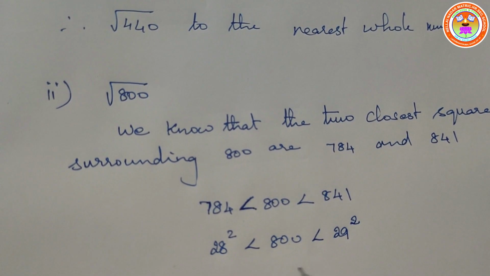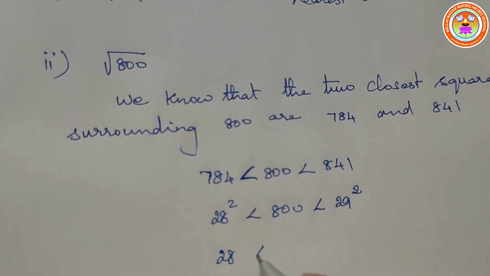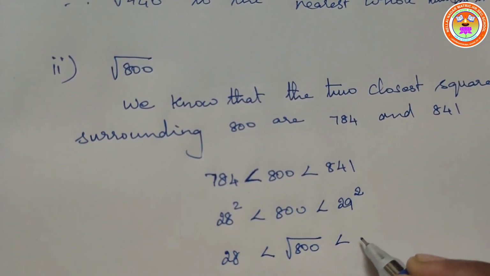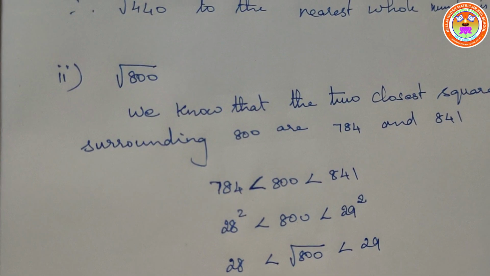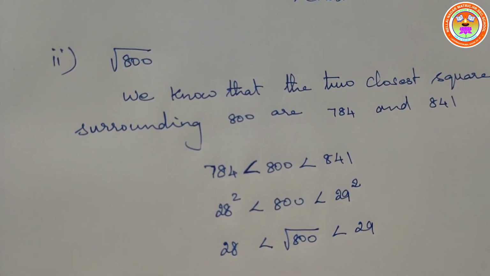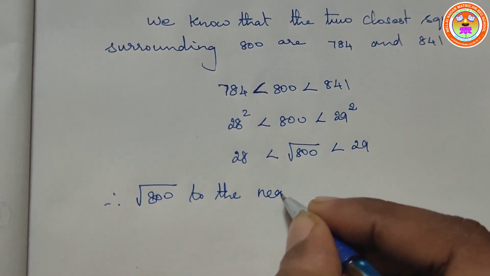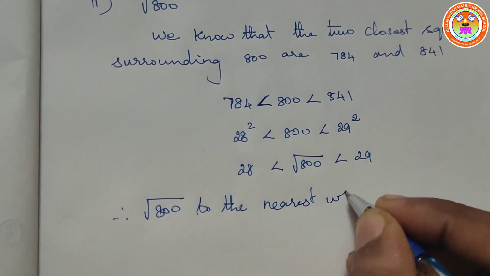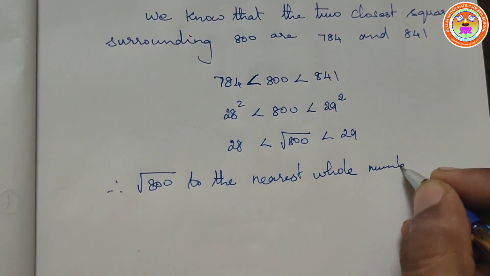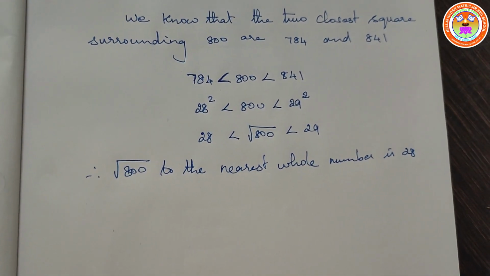If we take square root, we will get 28 is less than square root of 800 is less than 29. Therefore the square root of 800 to the nearest whole number is 28.